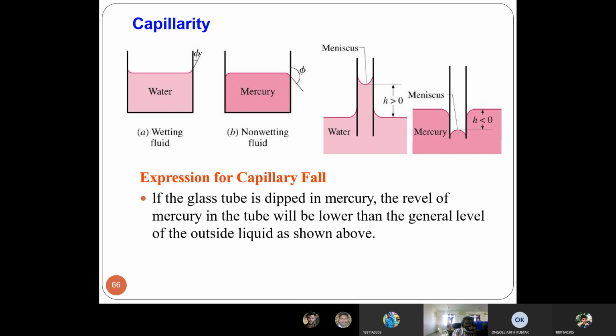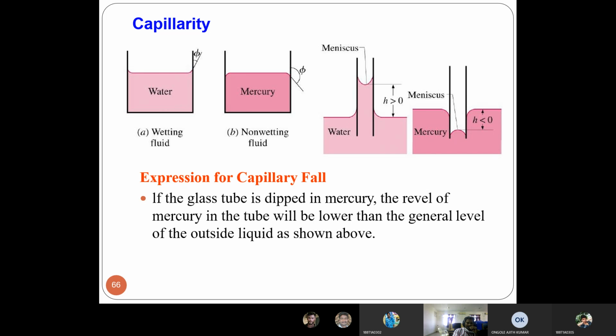That means above the general level, capillary rise is there. But for mercury, if you dip the glass, what is happening? The mercury level in the glass tube is falling below the general level of the liquid outside, and it is forming a convex shape. So this is not wetting the glass surface. The surface repels the liquid.